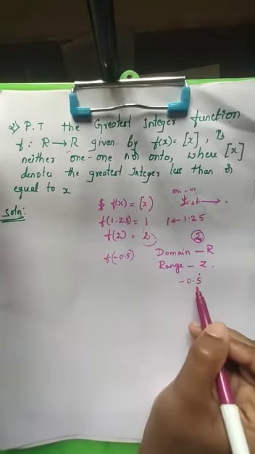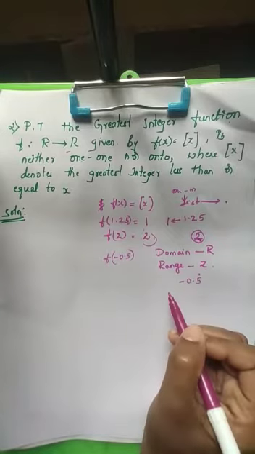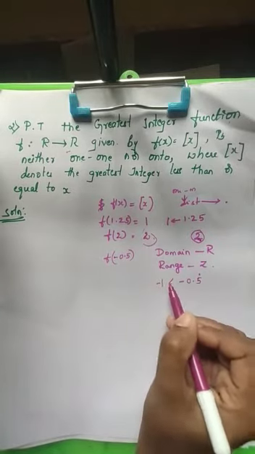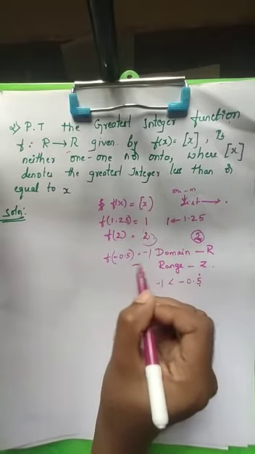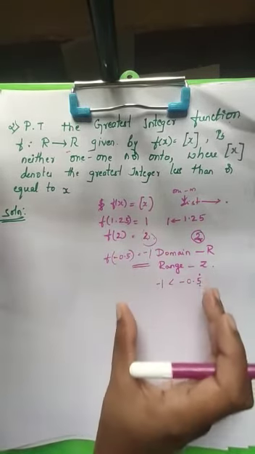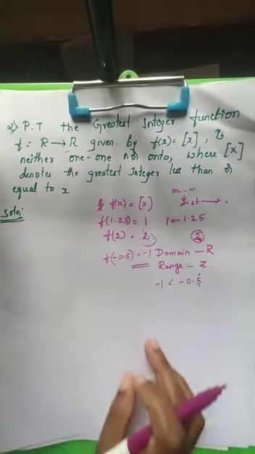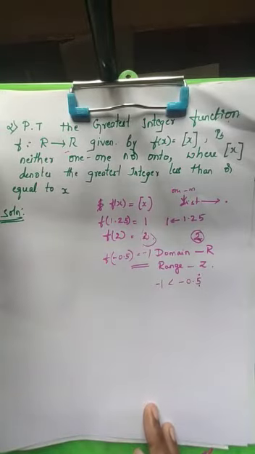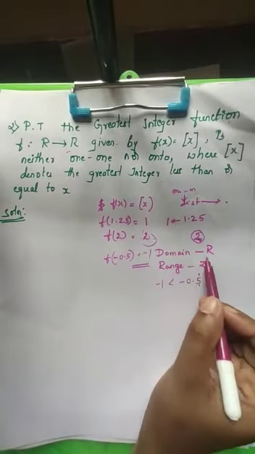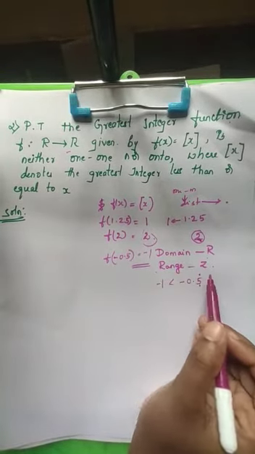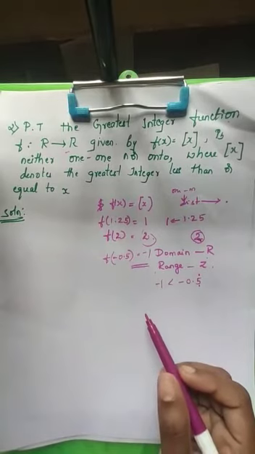What is the integer which is less than minus 0.5? We know minus 1 is less than minus 0.5, so the answer should be minus 1. I hope you are clear with the greatest integer function. In case you have any doubt, go through your textbook, where you will see the graph also. So the domain will be R and range is always Z, because you will always get integers.